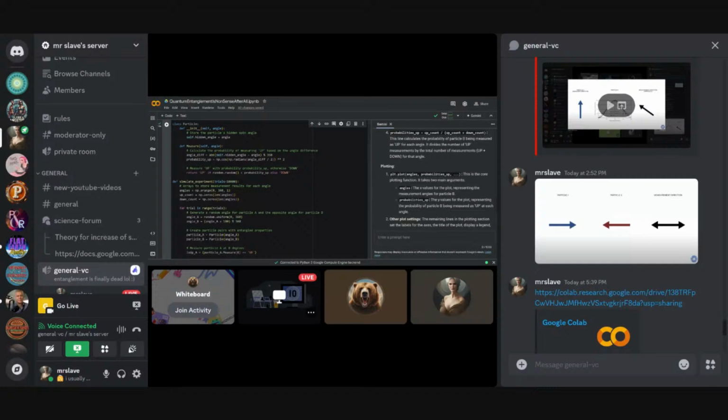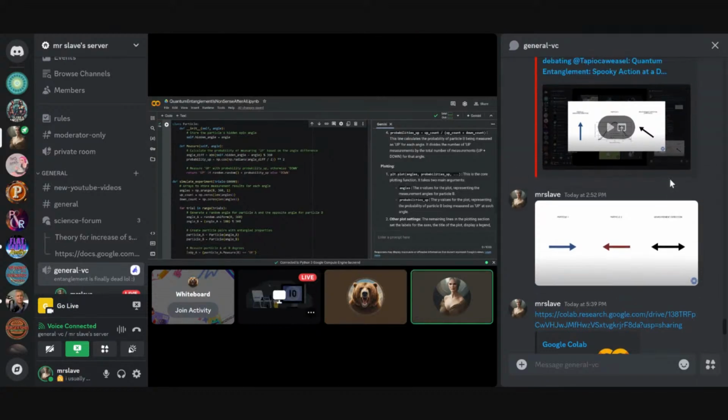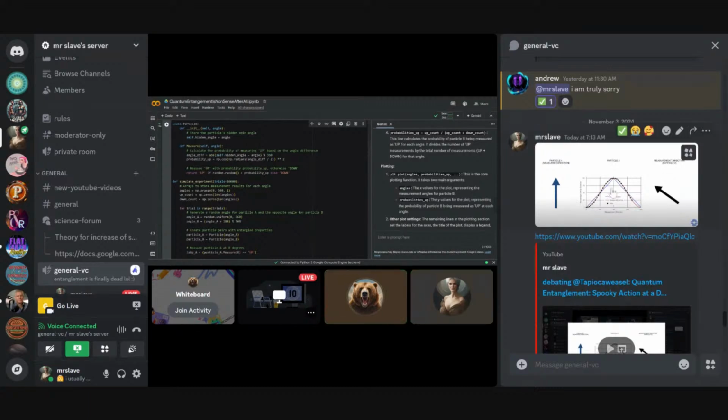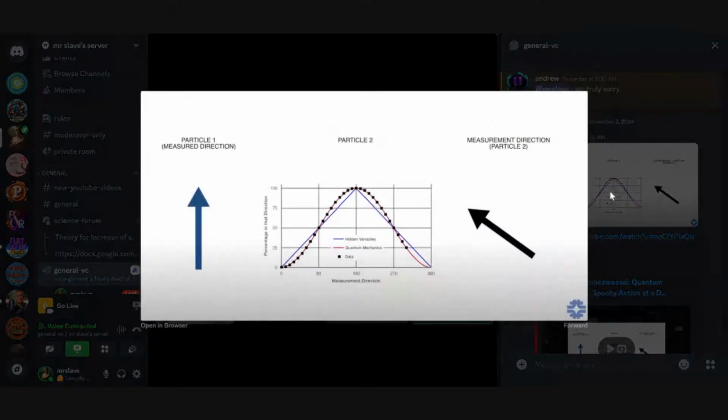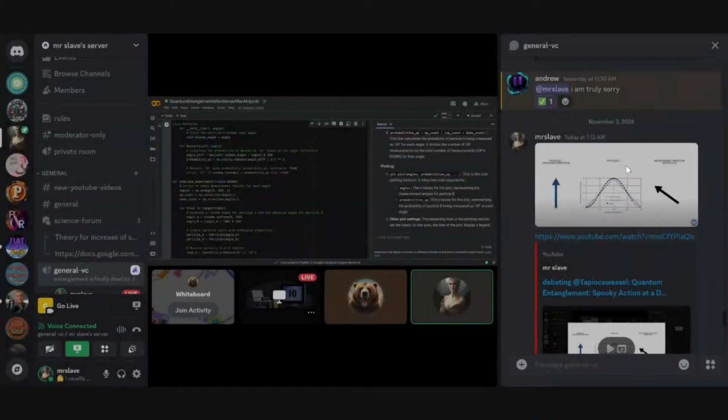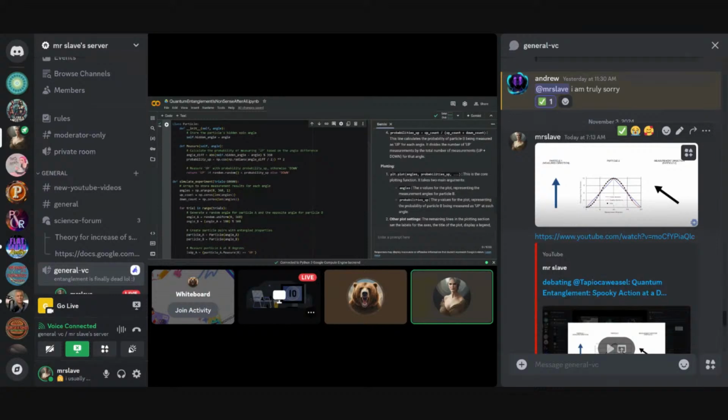So this is what I reproduce in my test. Now Bohr said, and Don Lincoln said, that the red line can only be reproduced if you assume spooky action at a distance, if you assume that information from A leaks to B. But I show that I can reproduce the red line without leaking information from A to B.